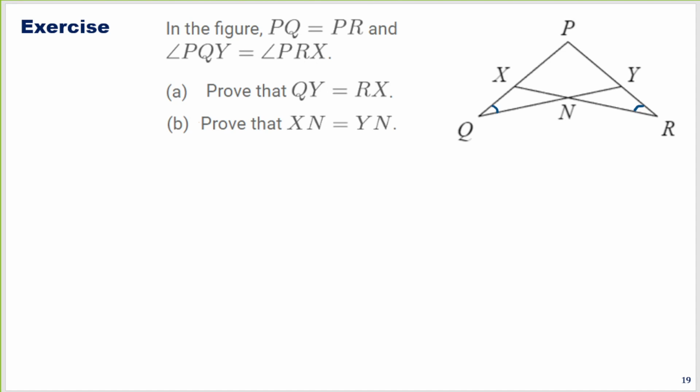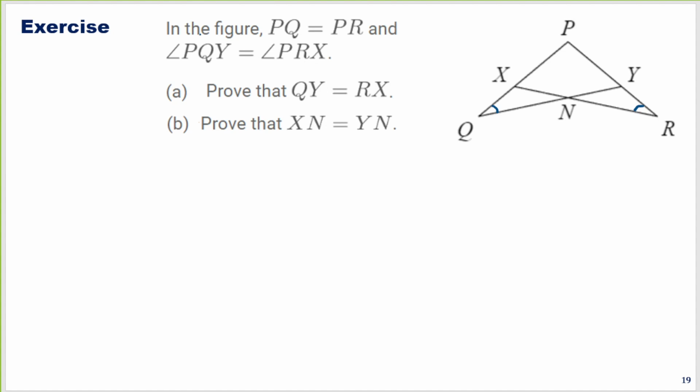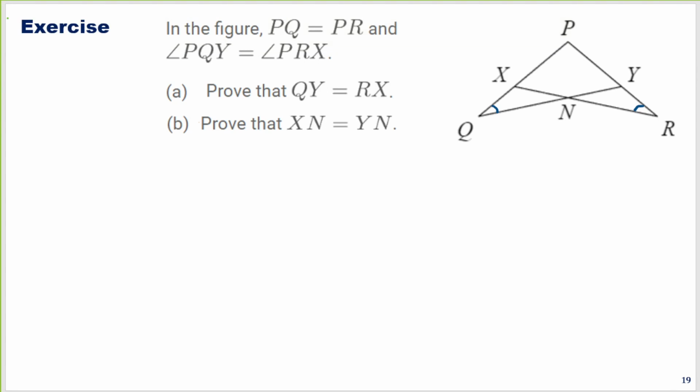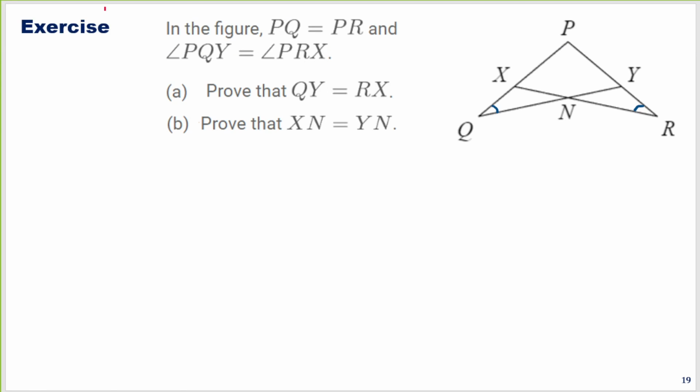Okay, let's have a look at the solution together. Okay, note that angle Q equals angle R, right? And we have PQ equals PR.